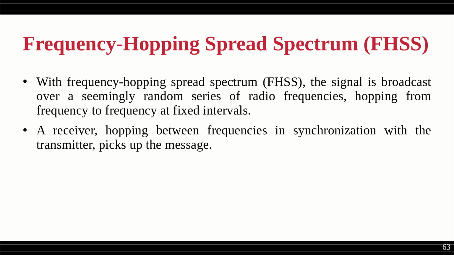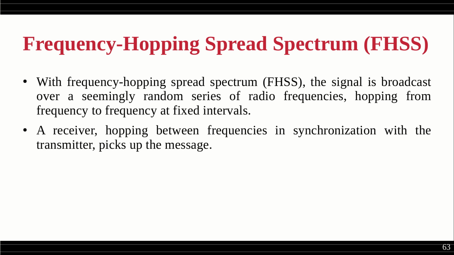In the same way, the receiver has to be tuned with the spreading code, so that however the sender is spreading the information, the receiver can de-spread it back. So the receiver hops between the frequencies in synchronization with the transmitter. When we have a set of frequencies, to whichever frequency the transmitter is sending at a particular point in time, the receiver has to be tuned to the same frequency.